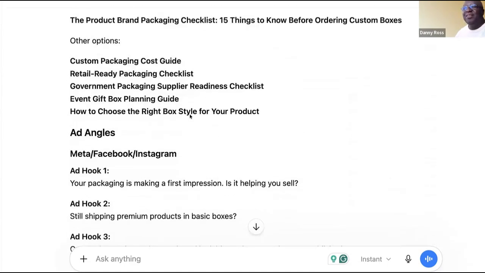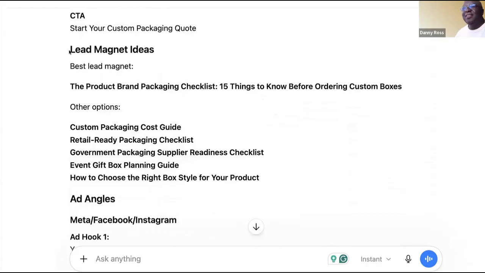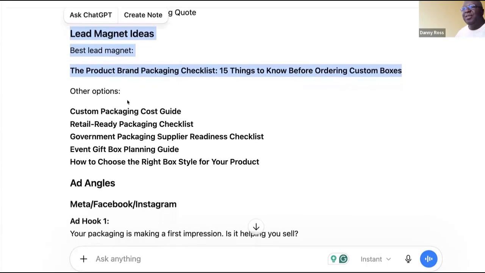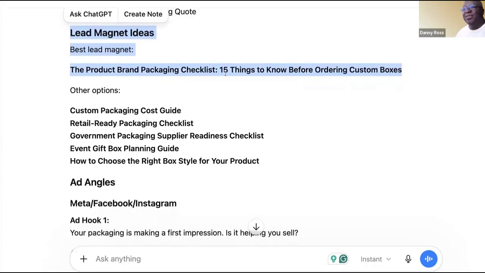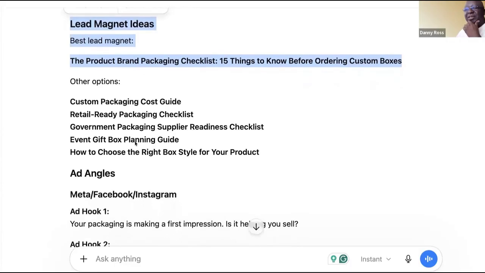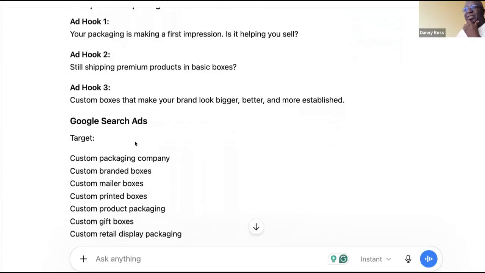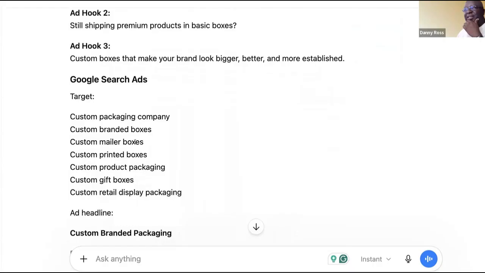It's going through all of these ideas, and then lead magnet ideas, which is where we were going with this exercise. The product brand packaging list, 15 things to know before ordering a custom box. I love that. And it's giving other additional options. You can tell that the AI is trying to help you and giving you more fun things that you can do.